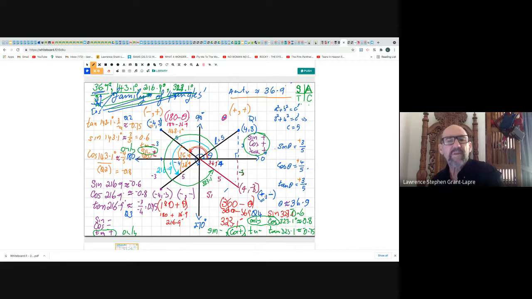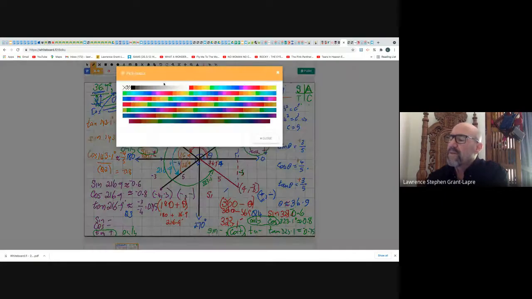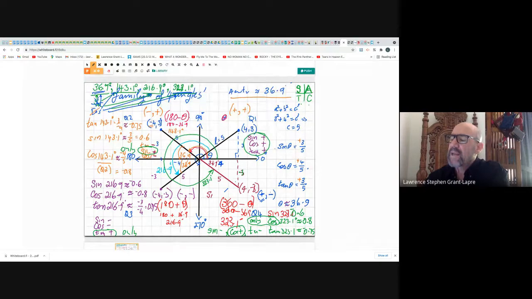And finally, if I was to do tan of 36.9, tan of 143.1, tan of 216.9, and tan of 323.1, you will always get the same number, but it'll be positive for quadrant 1 and quadrant 3, because only tan is positive in quadrant 1 and quadrant 3.